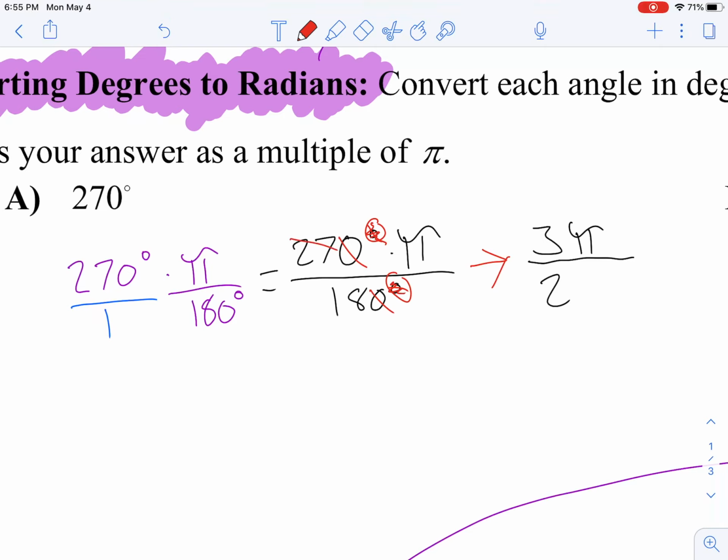So 9 goes into 27 3 times, and 9 goes into 18 twice. And because of that, then 3 over 2. We just reduced. 270 over 180 reduces to 3 over 2. Our degrees canceled each other out, and pi doesn't have anything to reduce with, so we're writing it back over here, multiplying with the 3.